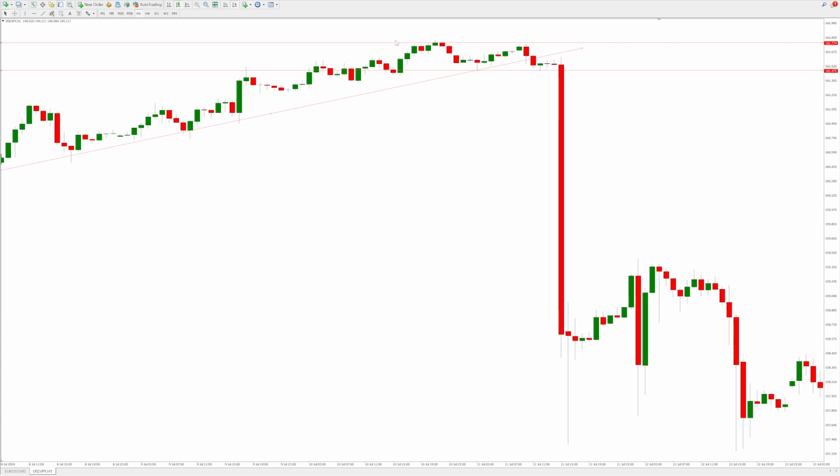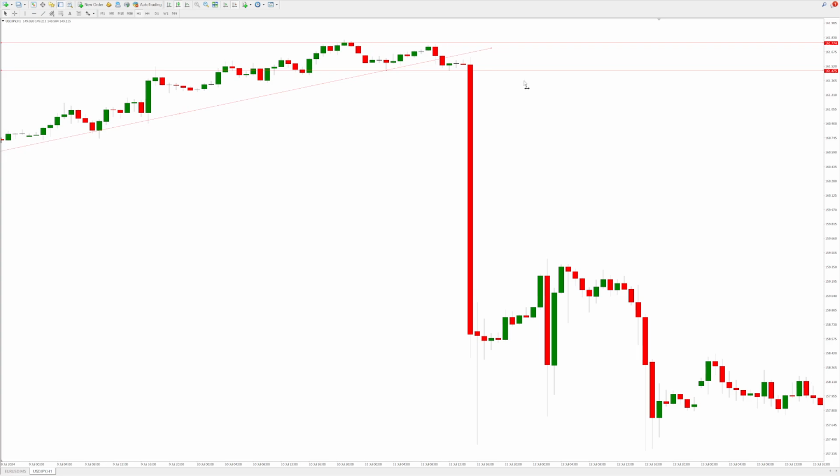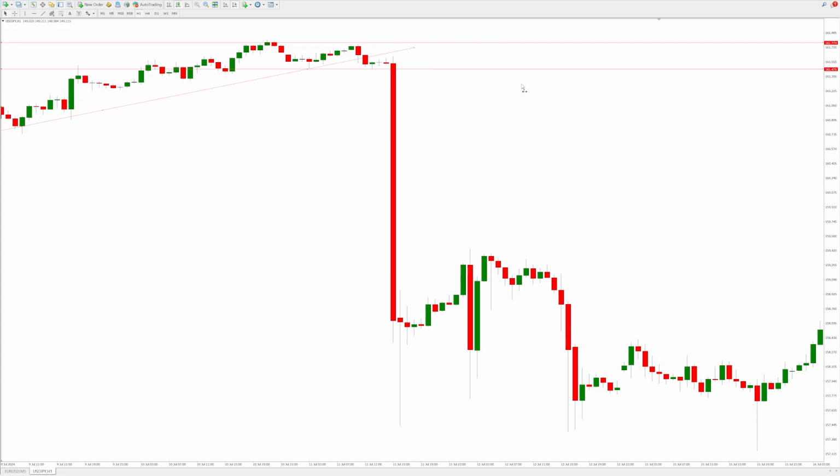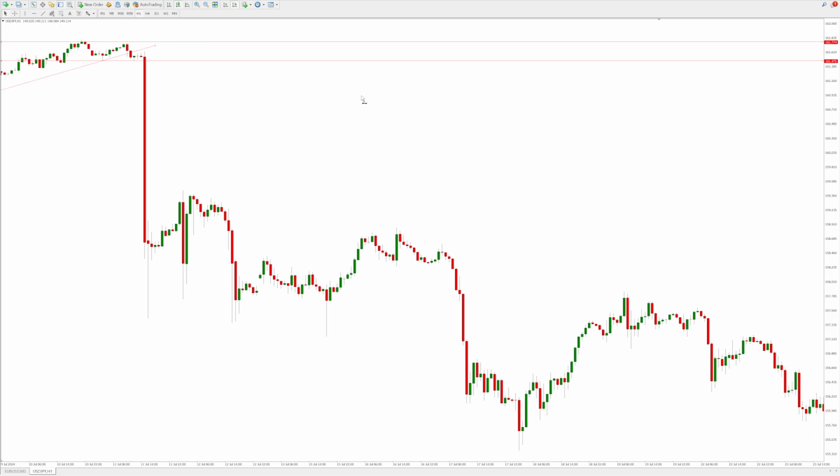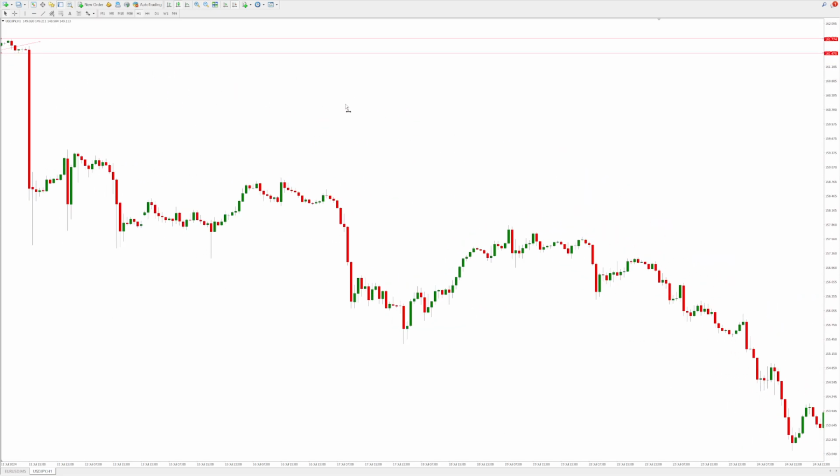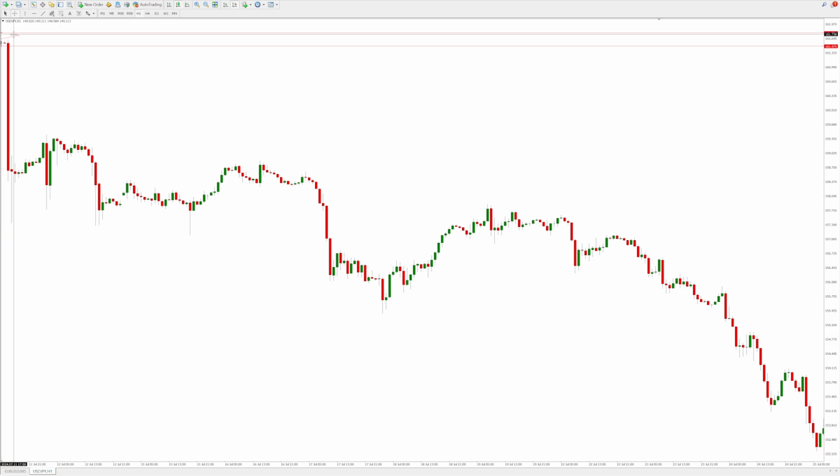So that coinciding with our double top candlestick pattern, a breakout of this support level, all strong indications for downwards momentum. As you can see, if we zoom out, price did fall significantly. I mean, if we would have entered on this breakout here, it's almost 1,000 pips on that trade.